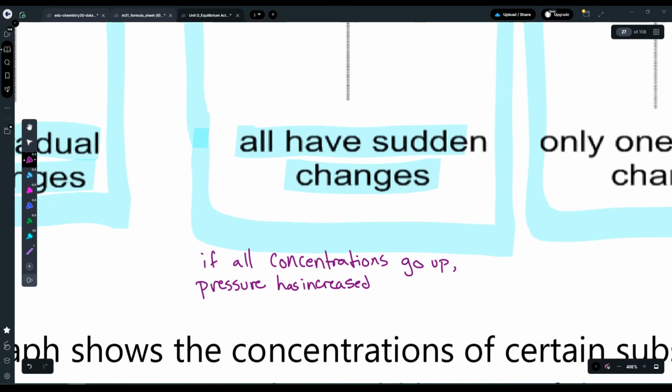If you wanted to talk about volume here, just remember that pressure and volume have an inversely proportional relationship. That means if one goes up, the other one goes down. So if all the concentrations go up, that tells you that pressure has increased, or it could tell you that volume has decreased.